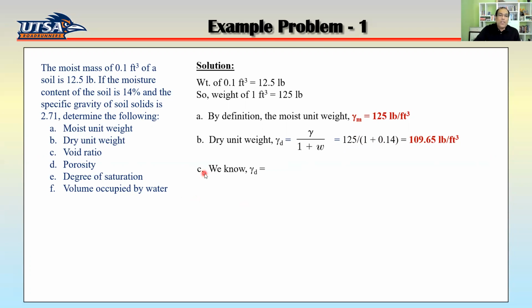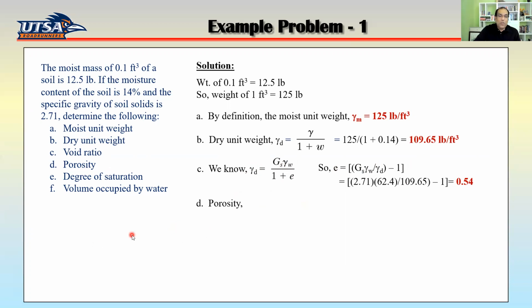Now again, we know the formula gamma D equal to GS gamma W divided by 1 plus E. If you simplify that, you get E equal to GS gamma W divided by gamma D minus 1. If you plug in all those values, you get E equal to 0.54. Now you know the relationship between porosity and void ratio.